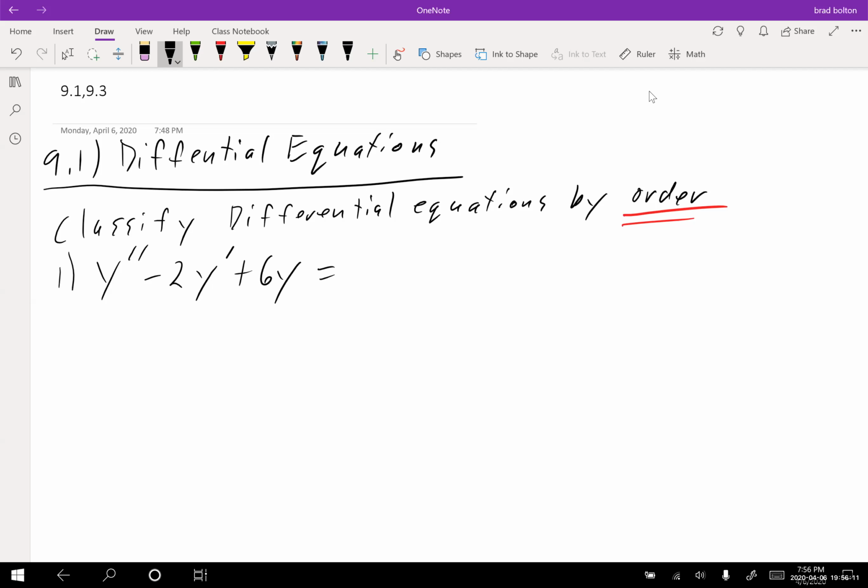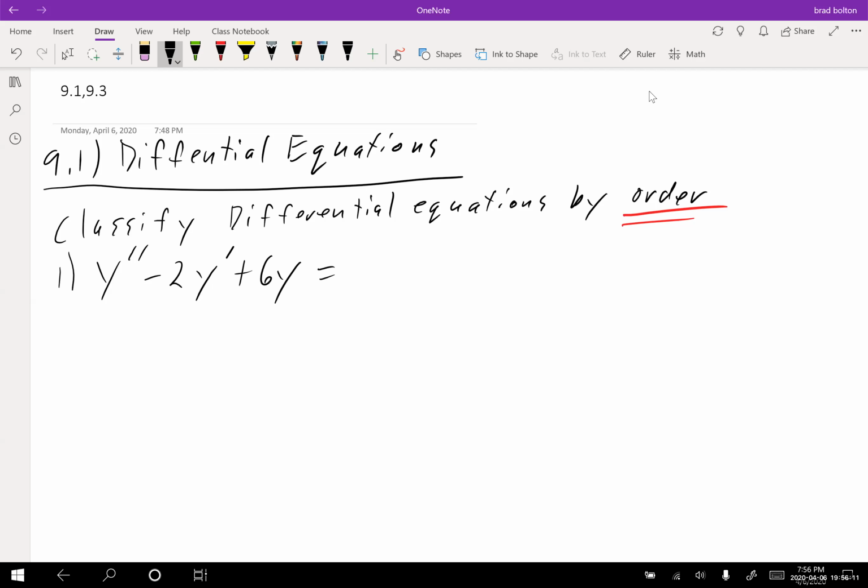So this is a second order differential equation. Let's look at another example. We have dy dx minus 5y equals 1. So this would be a first order differential equation.